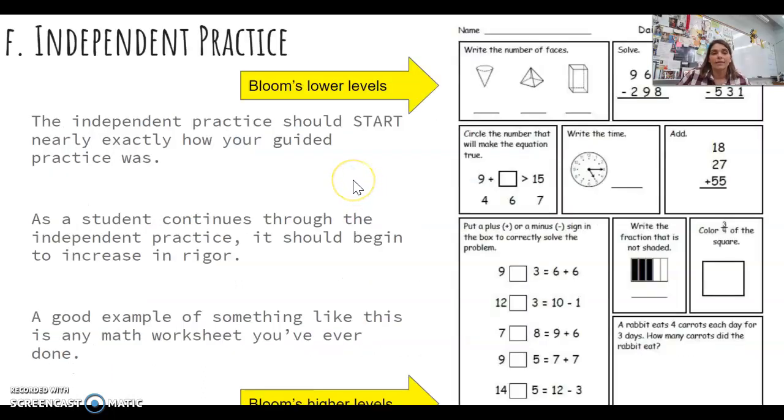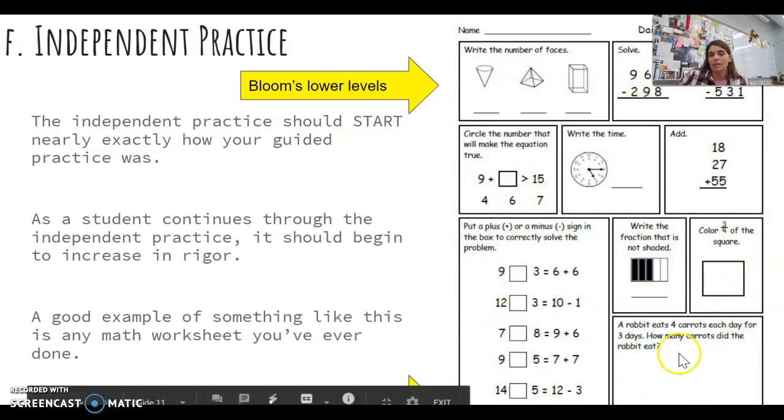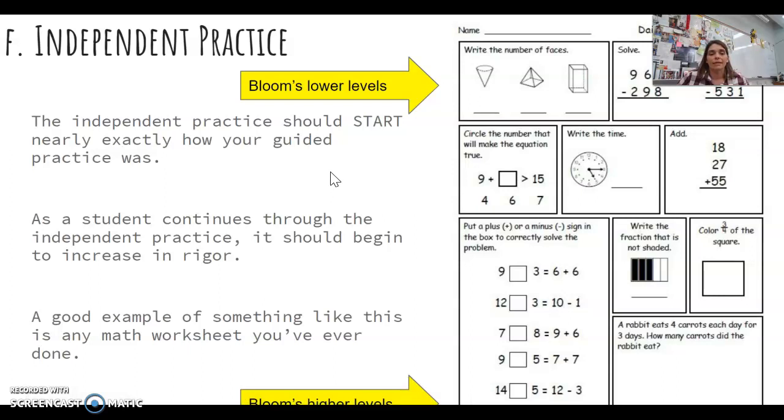Your independent practice then should start nearly exactly like your guided practice. So maybe it's pretty easy. It's at a Bloom's lower level up here. And then eventually it gets into something a little bit more complicated down here. I like to do this kind of practice in class.